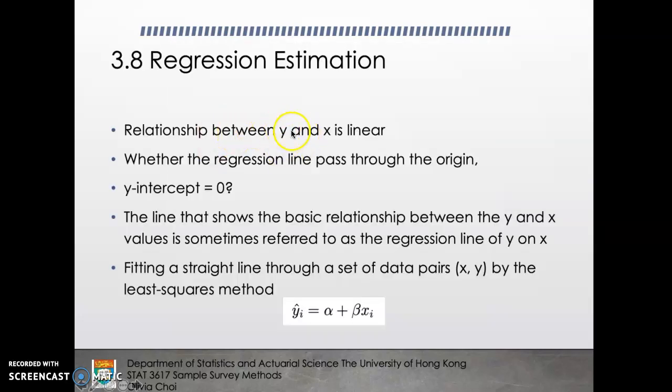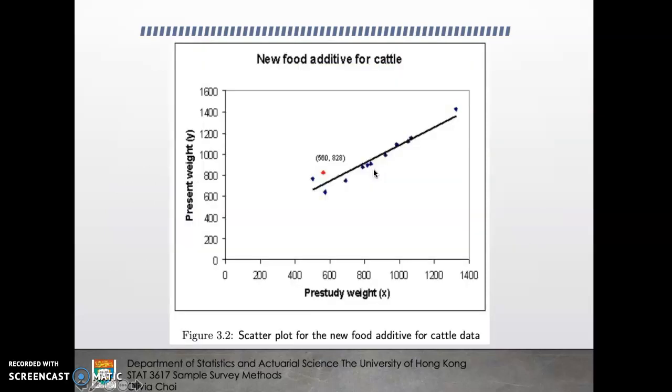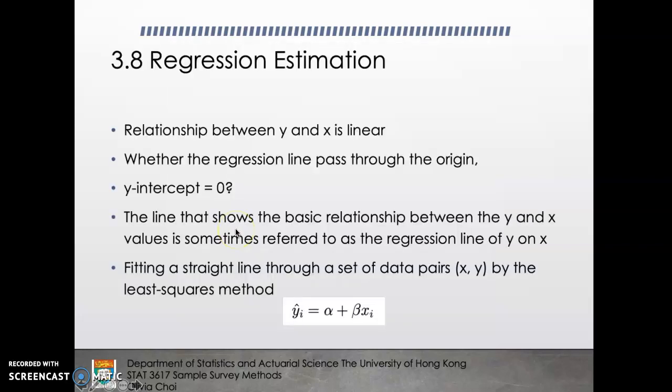But this is not enough, because if we use the ratio estimator, that means we also assume that the regression line of x and y passes through the origin, so the y-intercept equals 0. Apparently, in this example, the y-intercept doesn't seem to be equal to 0.